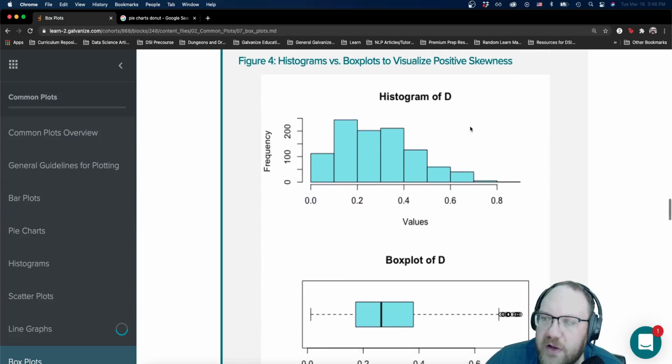The same way we can look at a box plot to identify negative skewness, we can do the same thing for positive skewness, right? Again, this right whisker or right tail is much longer than that on the left. Here, you'll see a histogram or a box plot in this shape fairly regularly, where there is sort of right skewness, and that's because there's a solid lower bound of 0, right?